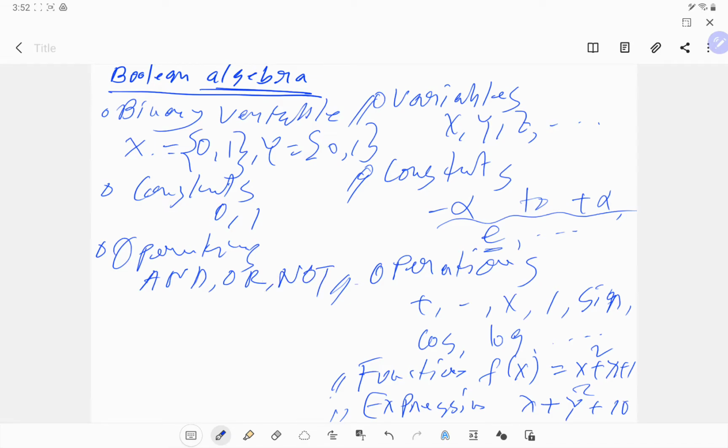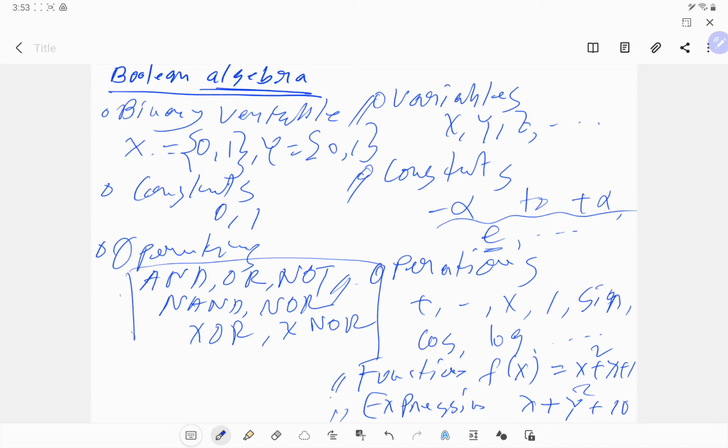These 3 basic logics, and then we have 2 universal logics, NAND, NOR. We also have XOR, XNOR. This is a total of 7 logics. These are the operations.